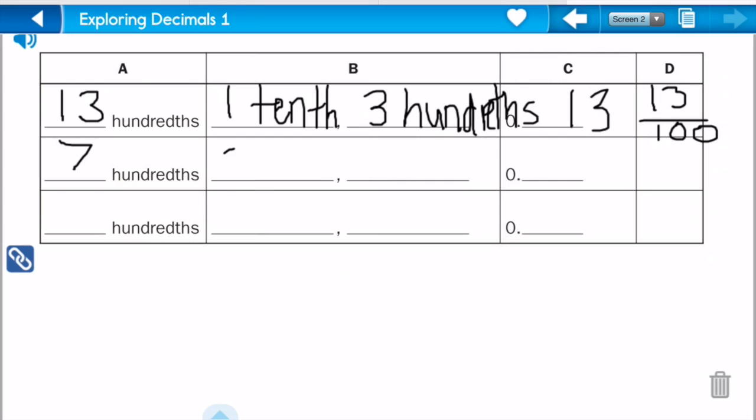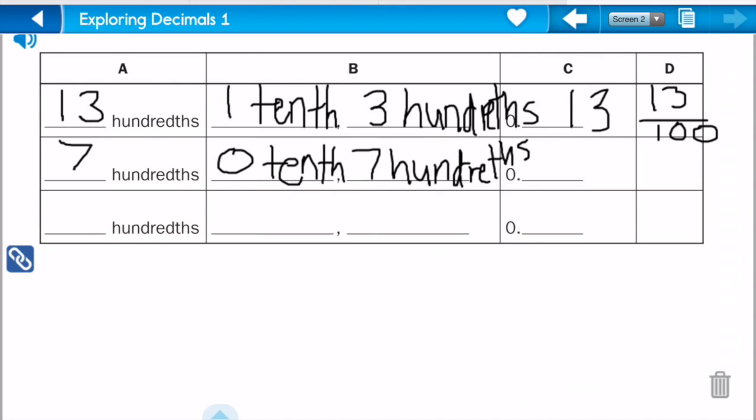So there were 0 groups of tens, because I only used the little boxes, and there were 7 hundredths. Excuse my writing. It's hard for me to fit hundredths in that tiny little box.